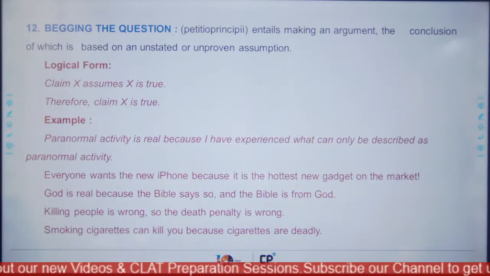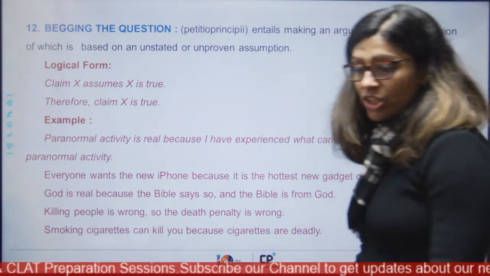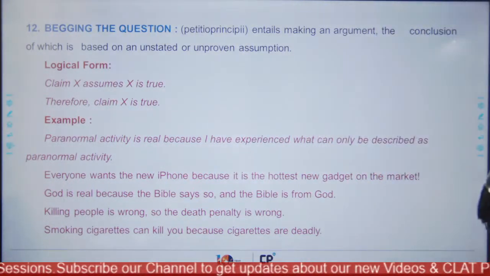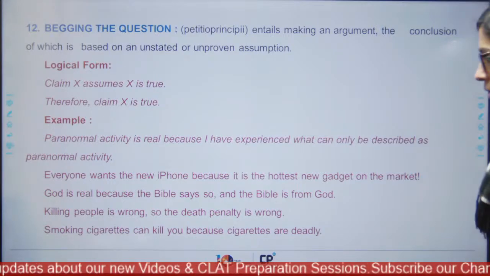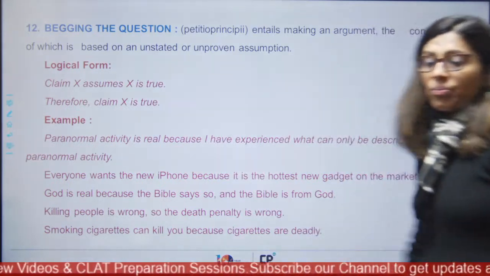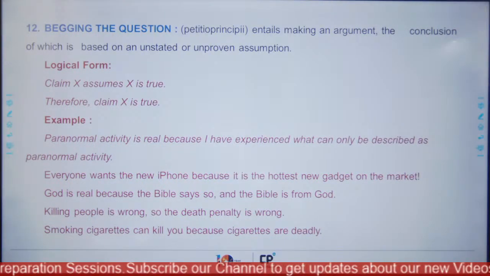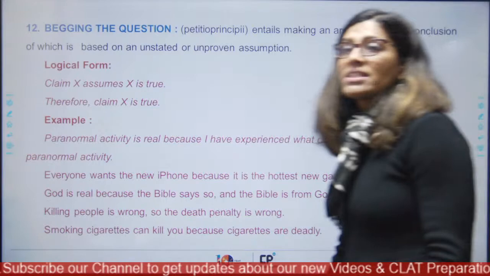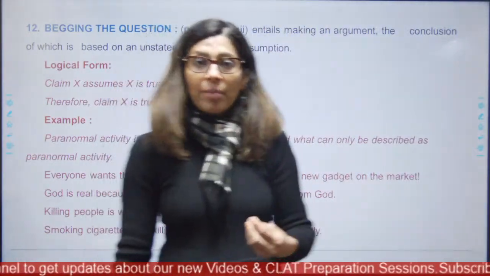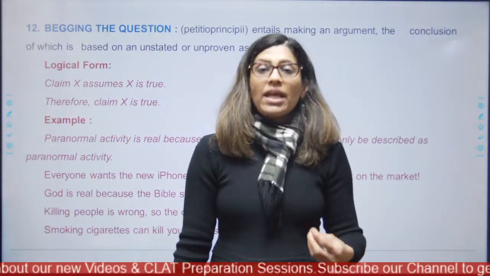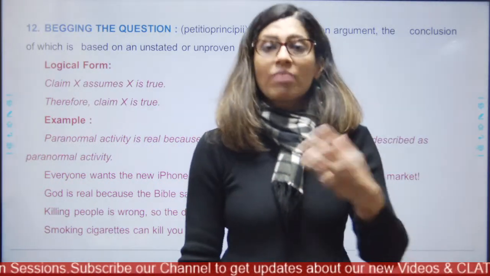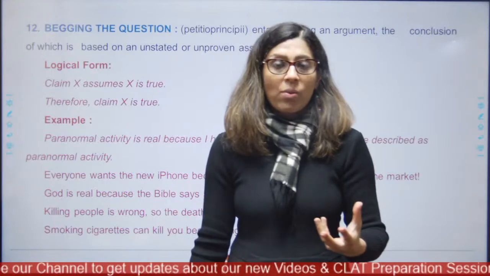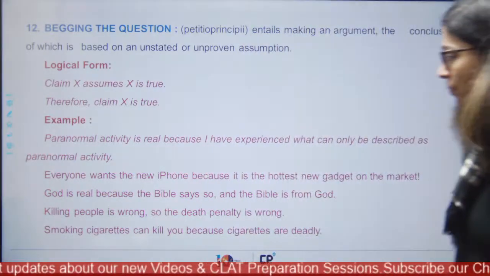So this fallacy is known as begging the question. Everyone wants the new iPhone because it is the hottest gadget on the market. So, look at the second one also. There is no premise. There is nothing to describe what is great about it. There is one term, hottest, and the assumption is hot things are wanted by everyone, so everyone wants it.